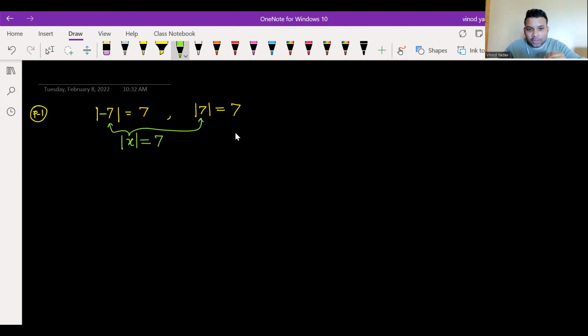Means if I just solve this further, I should write this as x is equal to plus or -7. So this is what we call mod will open in two ways. Let me write it again. If mod of x is equal to 7, it will open in two ways. Mod of x will open as it is, or it will open negatively. I'll tell you more on this.